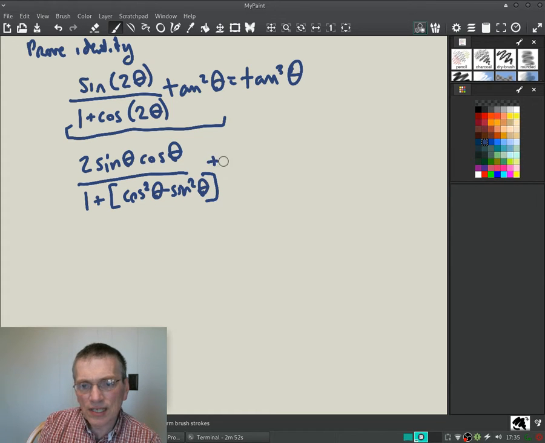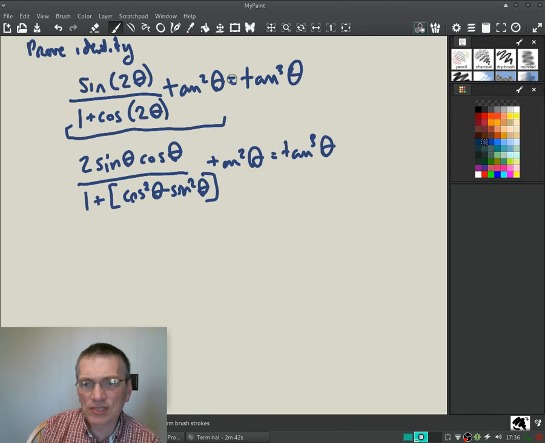And then there's tangent squared left. We'll carry everything else along. If these are very long, you can often just wait and put this on at the very end, so that all equals tangent theta. But this is not that long, so we'll just bring that along.